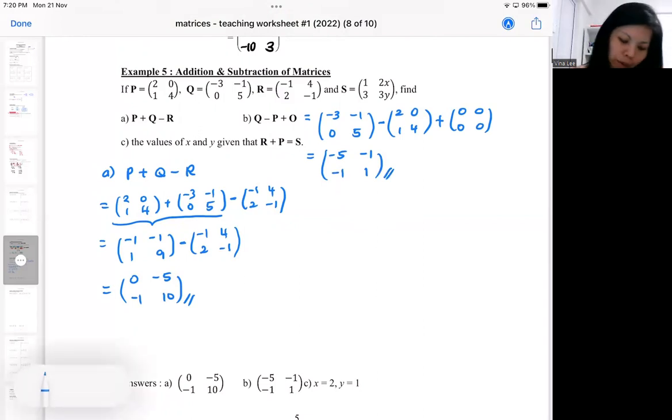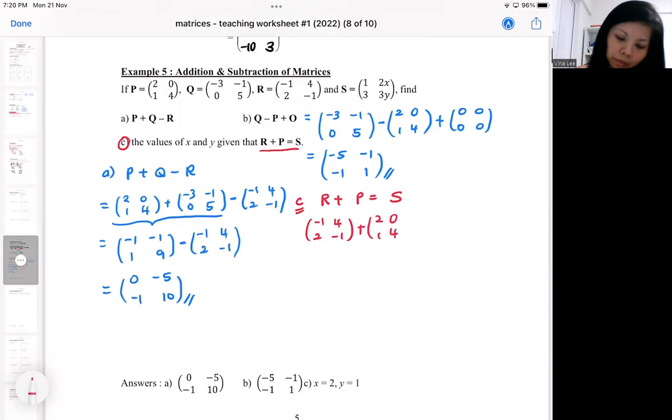And again, we can be doing some solving with addition of matrix. So they say R plus P is equal to F. So you got to do the addition first, then we apply our idea of equal matrix. So here is more like applying the idea of equal matrix.